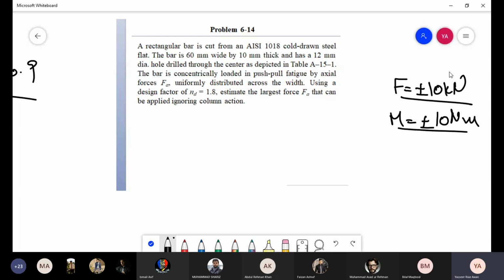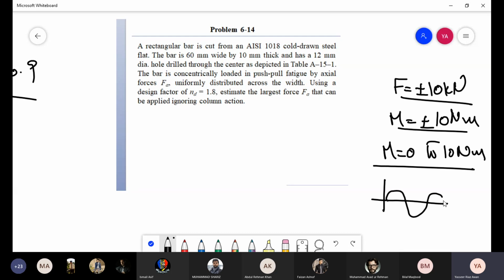For these cases we have learned everything we need to know, and we can design for them. But when you have a case of, for example, a moment from 0 to 10 newton meter, the mean stress is obviously not 0. In the fully reversed case, the stress varies from plus 10 to minus 10, so the mean stress is 0, but in this case there is some mean stress.